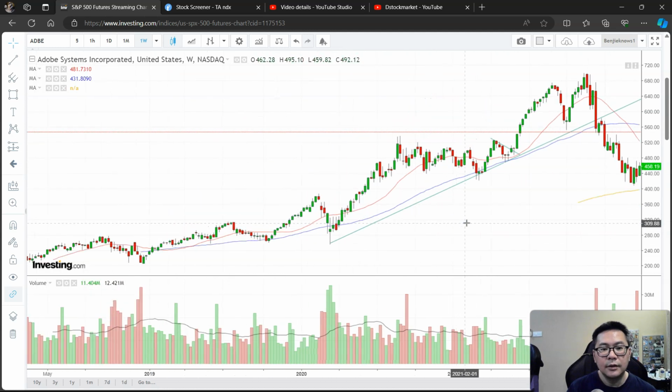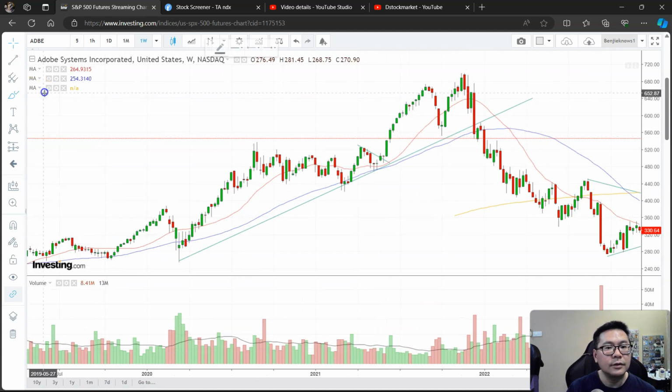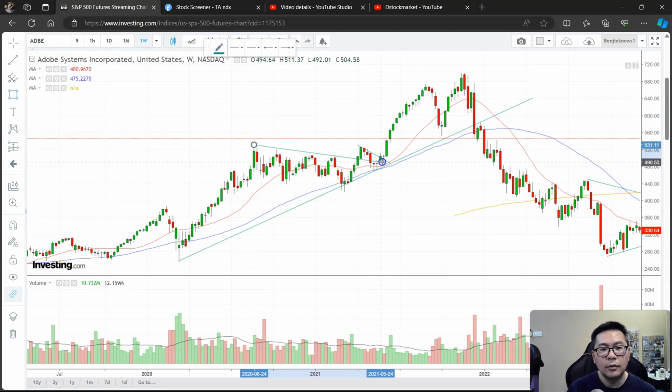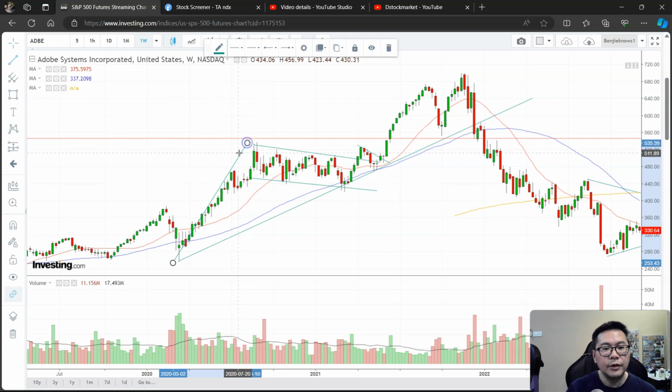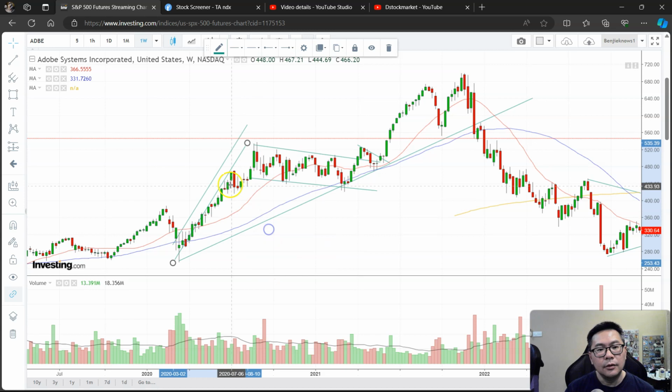Let's see. In the past, there's this breakout. Let me just draw a flag-like pattern. Weekly flag broke out and reaches the target.